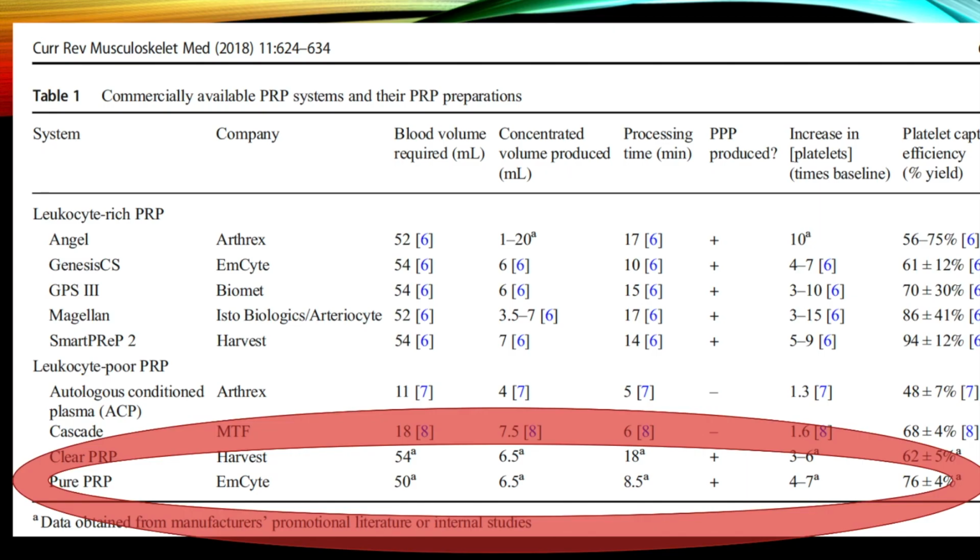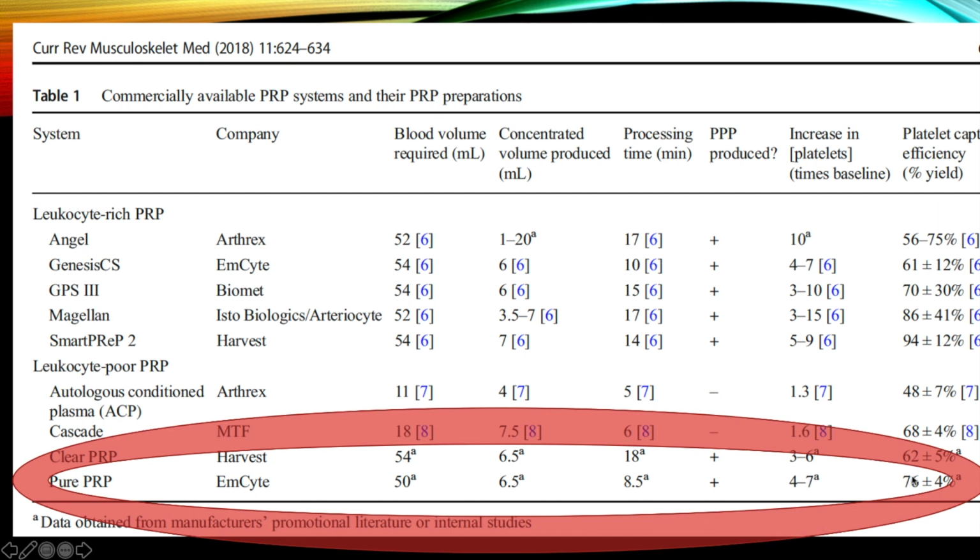So here's an example of why our company recommends EMSITE, and here's why. This study looked at a comparison of a lot of different systems, and leukocyte poor would be those that have a second spin capability, and then the comparison, EMSITE showed really good concentrated volume produced, and could it produce PPP, what's the increase in platelets from baseline, and here you get clinical grade of 5 times, and what's the capture efficiency.